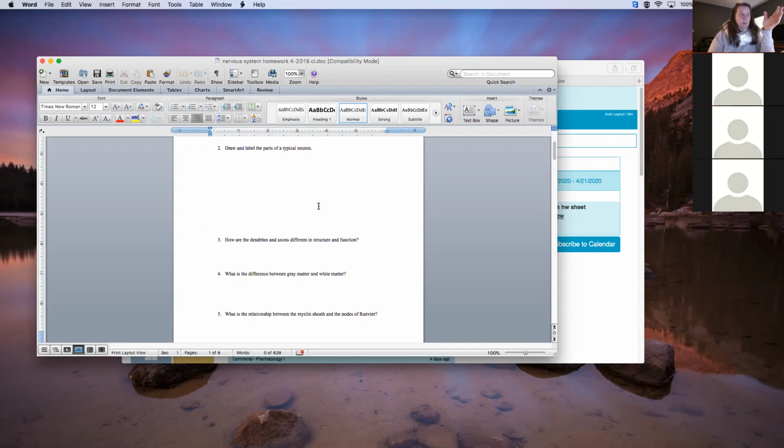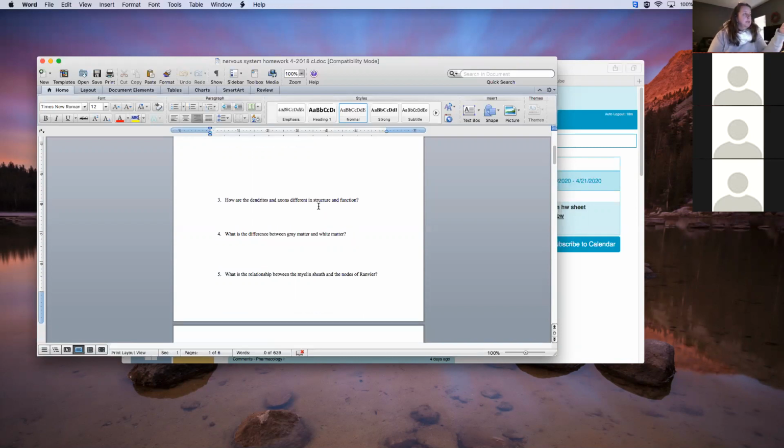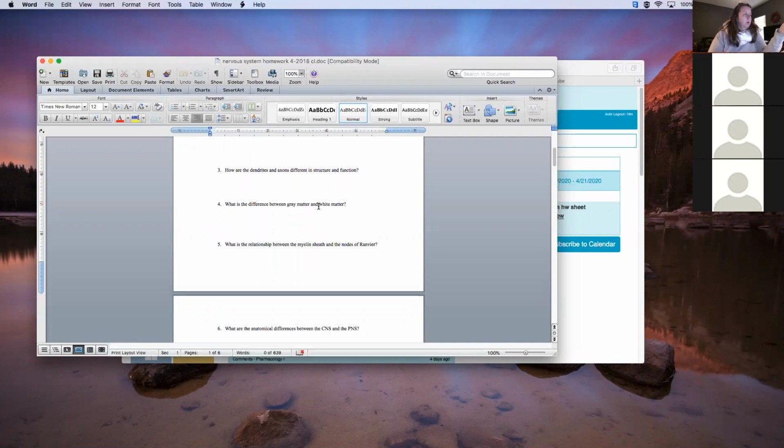The one thing I want to mention about a neuron is I stressed where the signal comes in is the dendrites. The axon of the neuron is where the signal leaves the neuron, okay? So you need to know dendrites and axons, number 4.